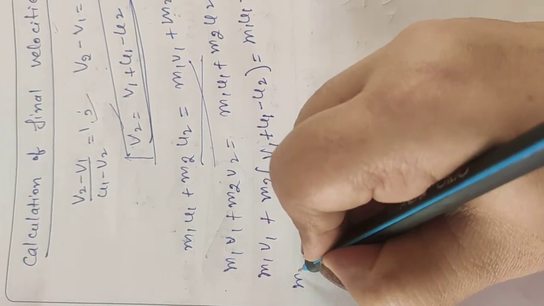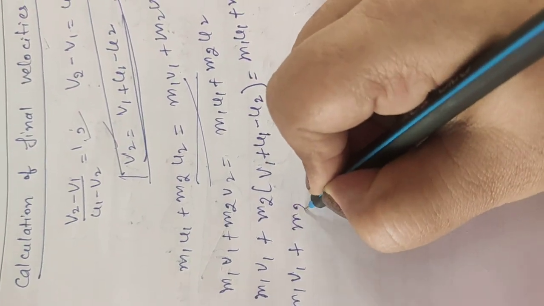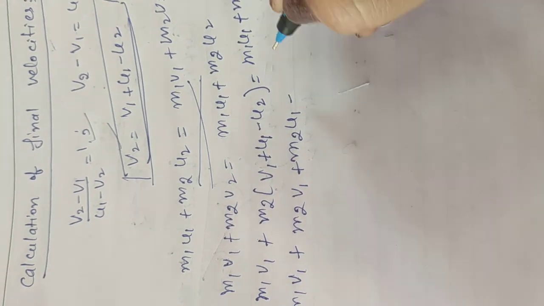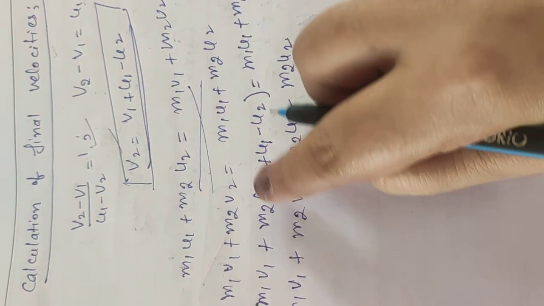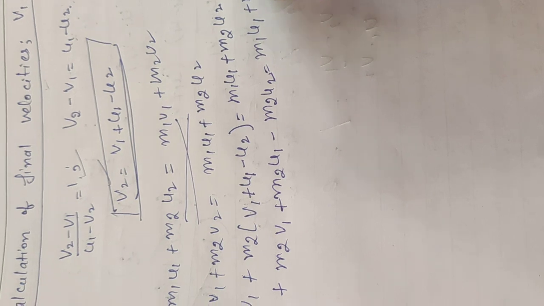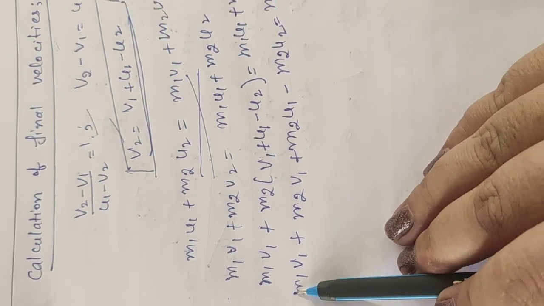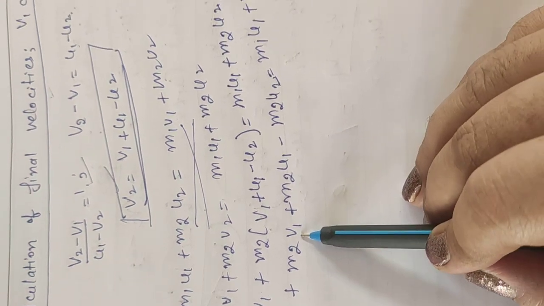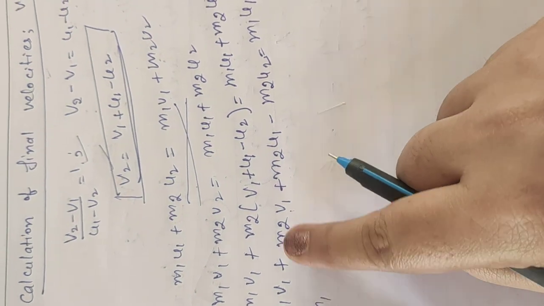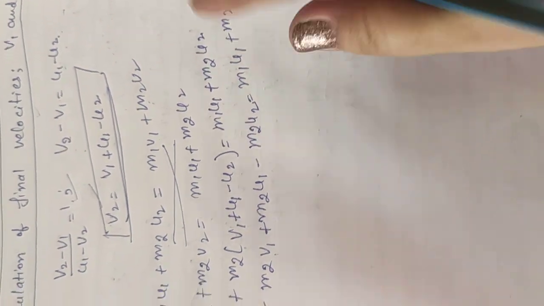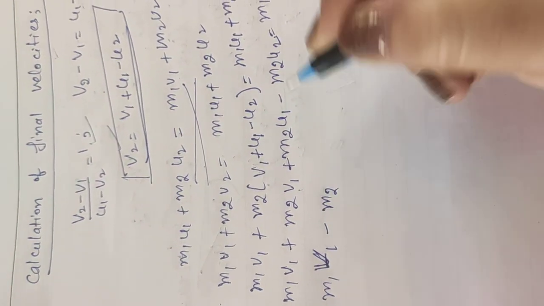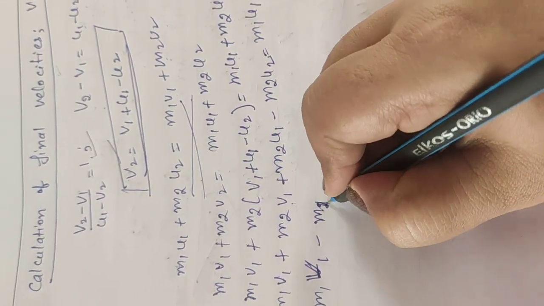Now simplifying it: m1 v1 plus m2 v1 plus m2 u1 minus m2 u2 is equal to m1 u1 plus m2 u2. Okay, now taking the v1 terms collectively and the u1 terms collectively, we write m1 v1 plus m2 v1, and here it is m1 u1, so m1 v1 minus m1 u1.